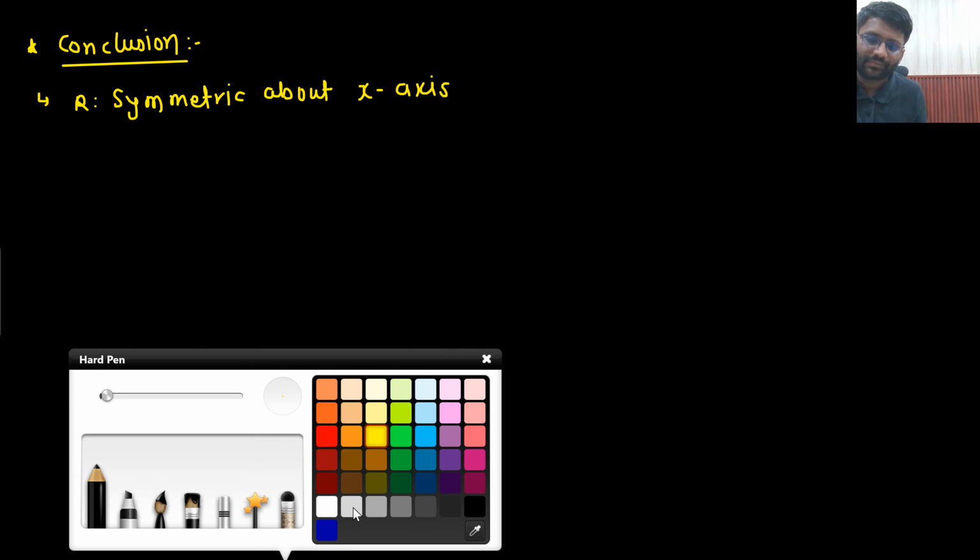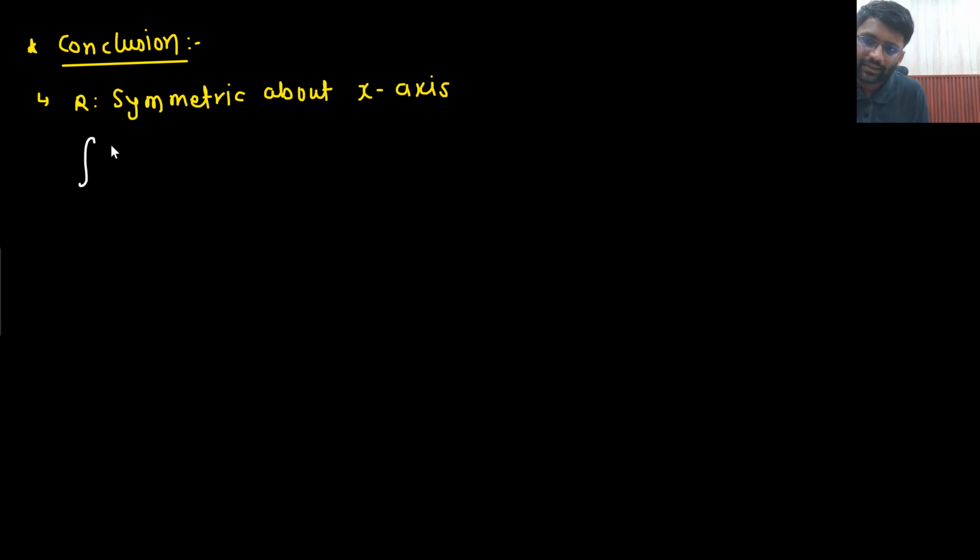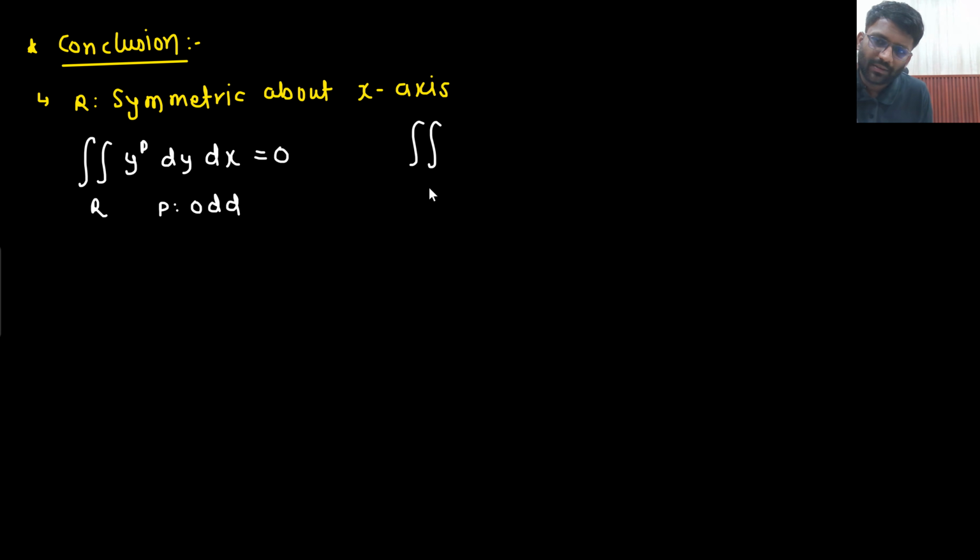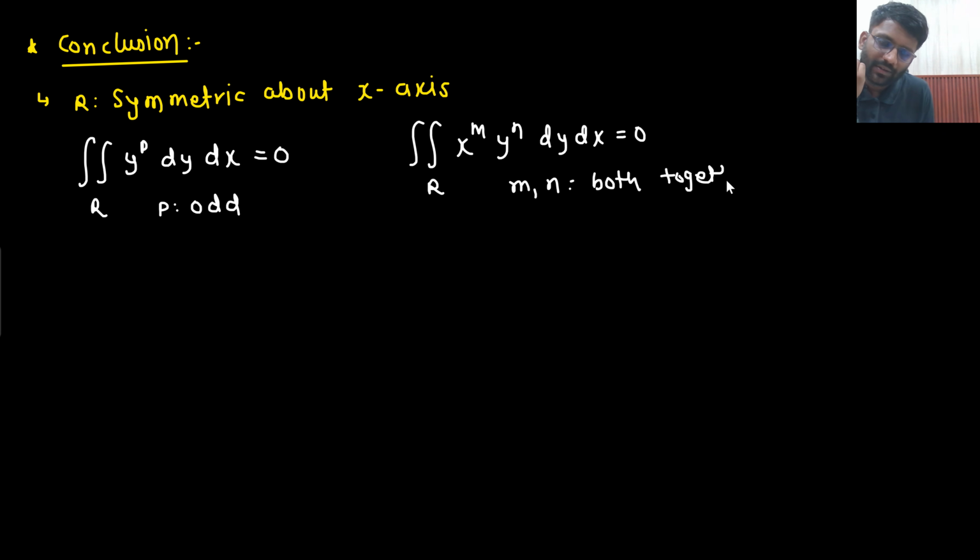Then the double integral over R of y to the power p dy dx would be equal to 0, where p is odd, and the double integral over R of x to the power m y to the power n dy dx would also be 0 if m and n are both together not even.